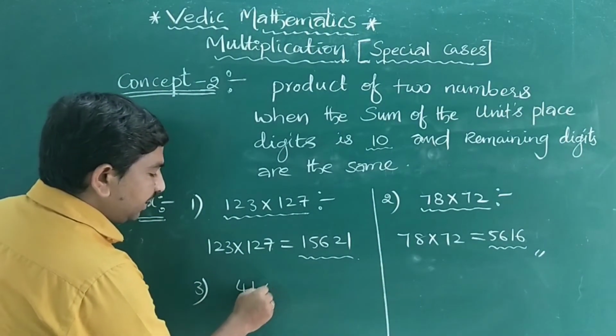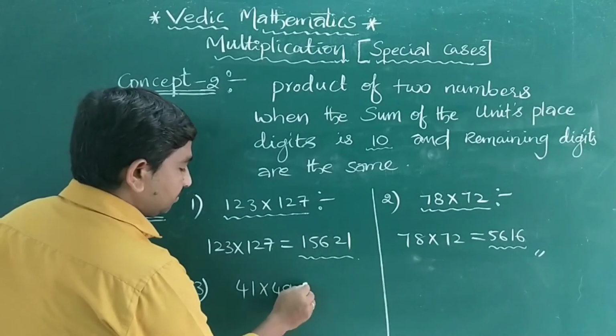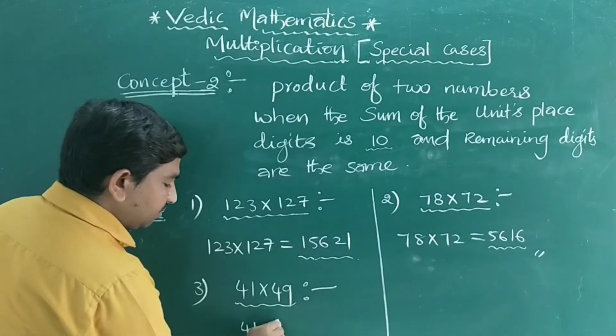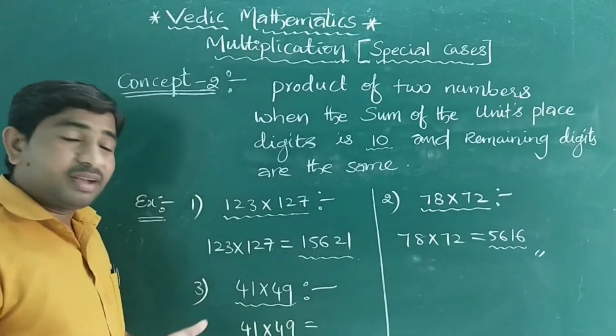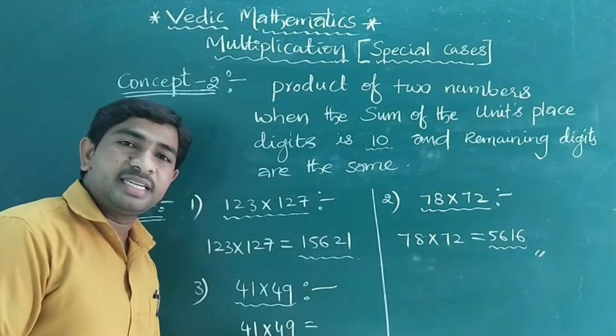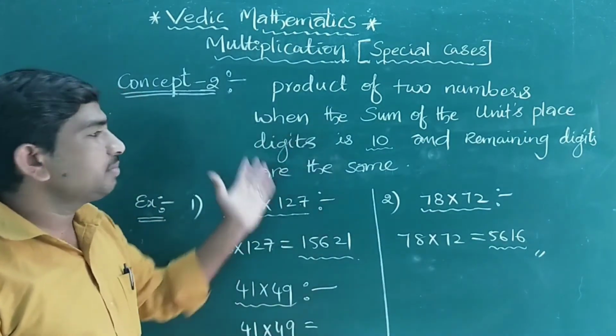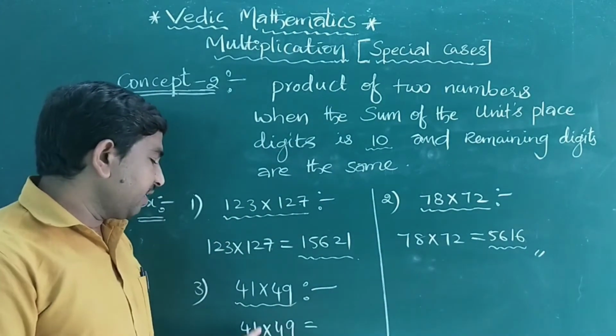See one more example problem, the third one. 41 into 49, for example. 41 into 49, very easy. Why? Because here the sum of the two units place digits is 10, 9 plus 1. So now this method is applicable. 9 ones are 9.